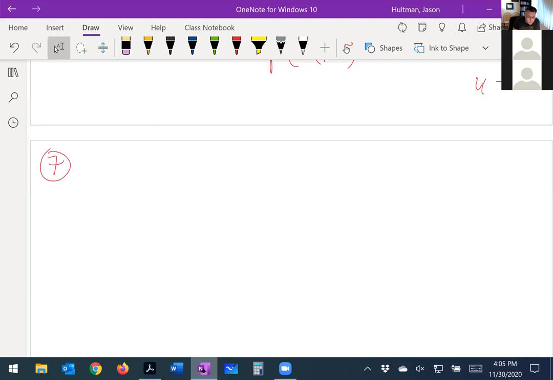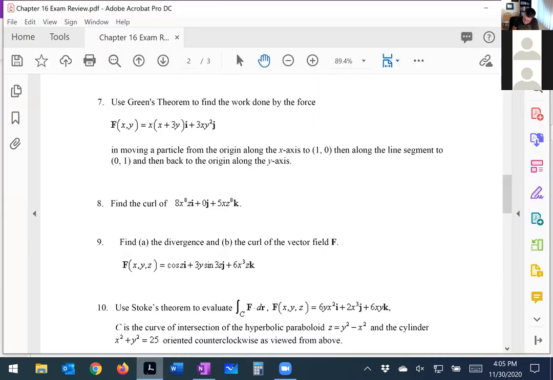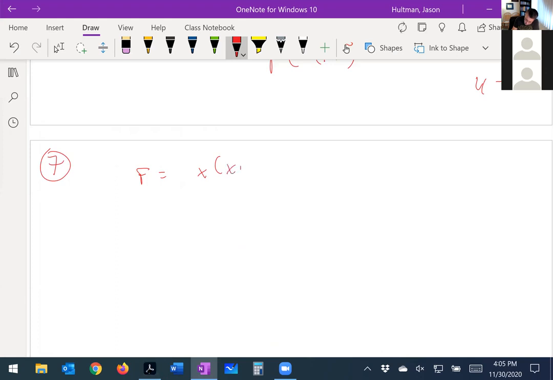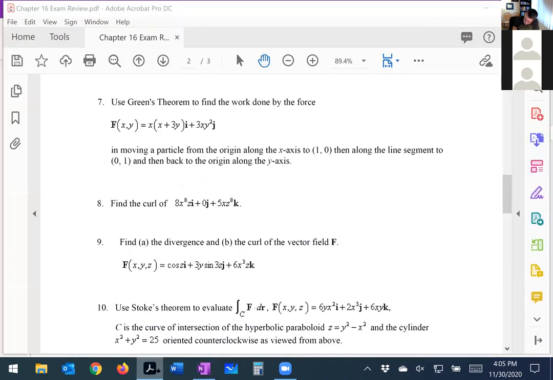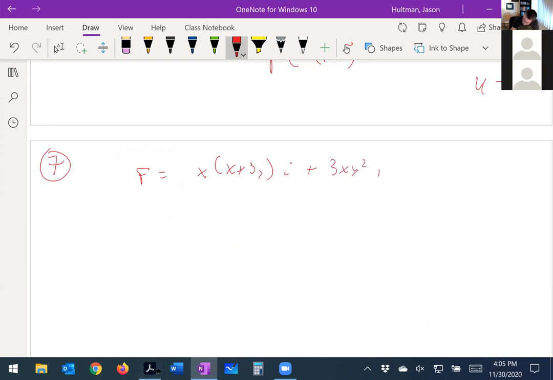So we have F equals (x plus 3y) i plus 3xy squared j.